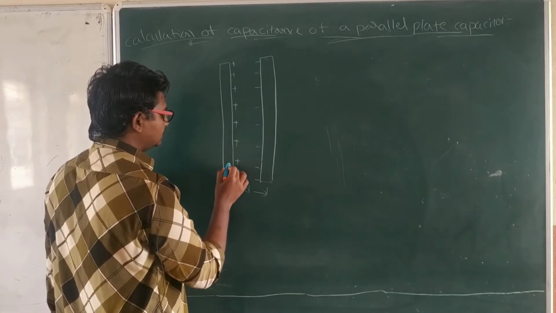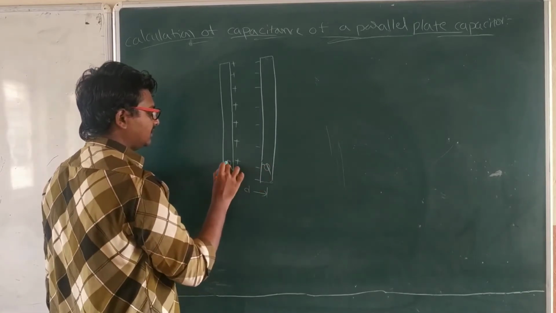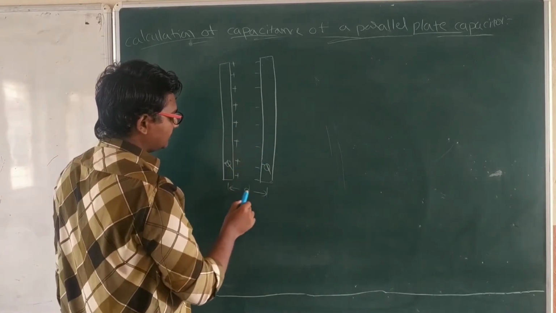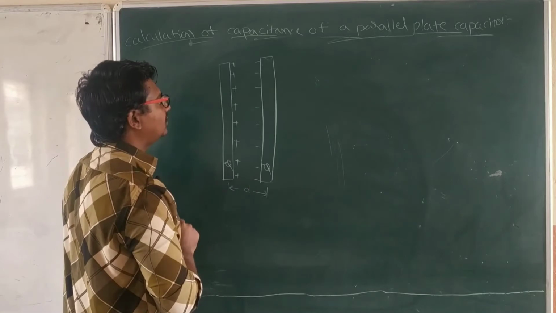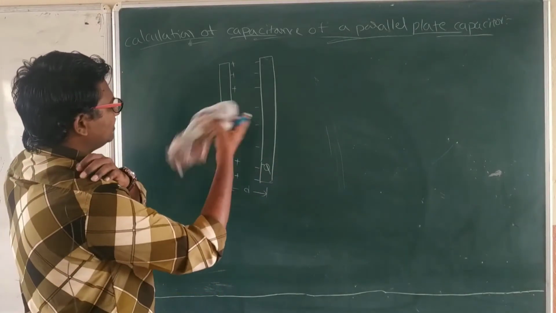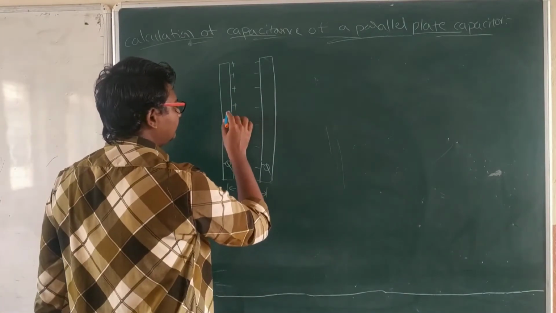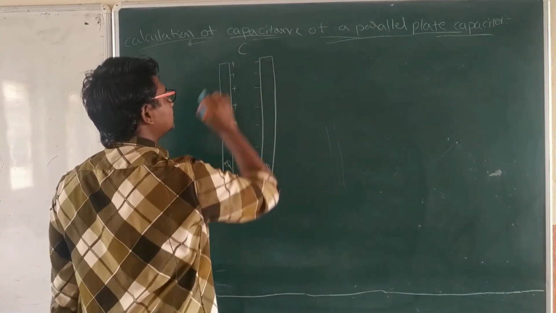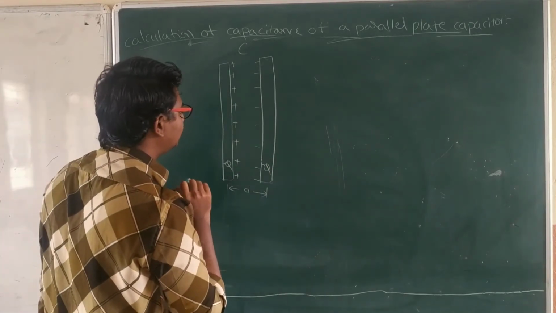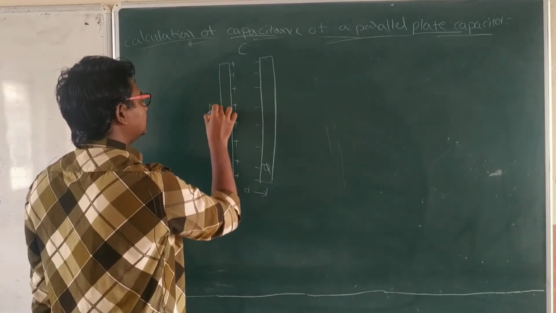One has positive charge Q, another one has negative charge minus Q. Now the separation in between them is small d. Now we have given some voltage V, right? Now we need to find out the capacitance C of this parallel plate capacitor. See, the total area of the plate is A.